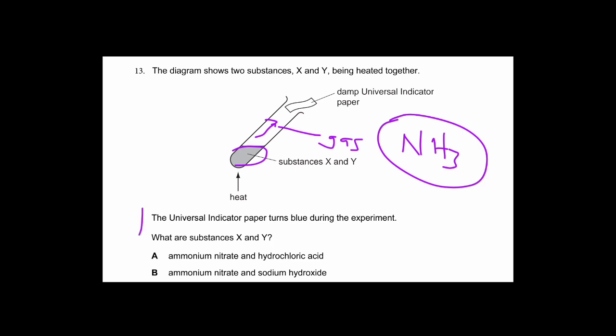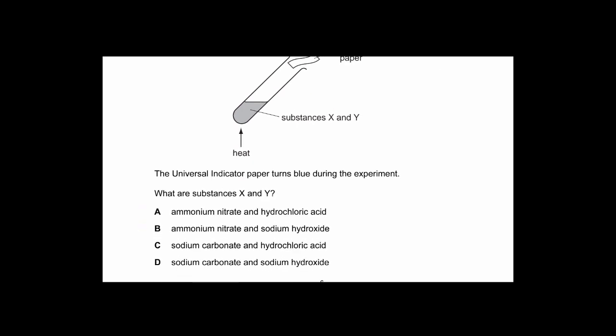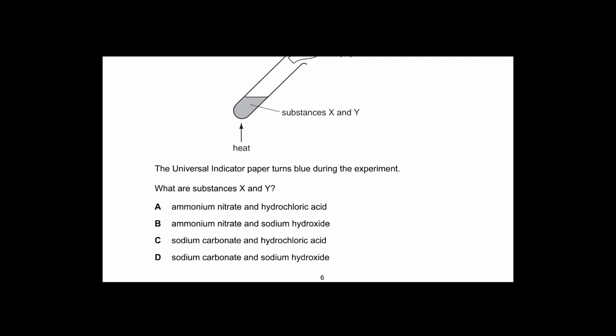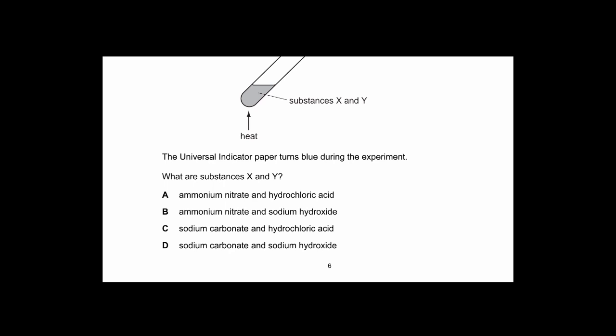Now, what are substances X and Y? We need to move together, my dear learners. I'm going to work out something. Let us look at A. We are having ammonium nitrate. I'll present the chemical formula of ammonium nitrate here.